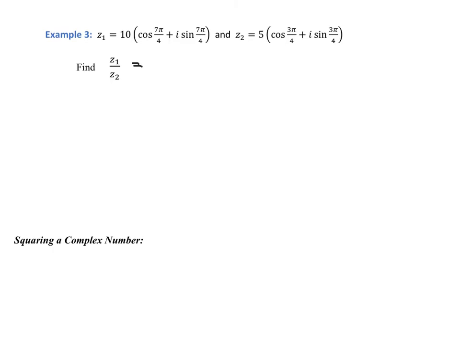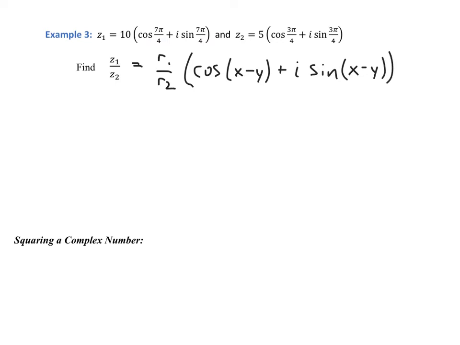All right, so I am now going to take R1 and divide by R2. Instead of multiplying them, now I'm dividing them. And then I am going to take my 2 angles and I am going to subtract them instead of adding them. And I'm going to do the same thing for the sine.